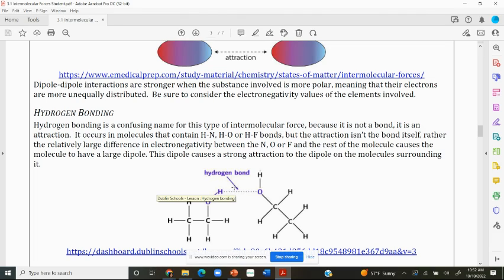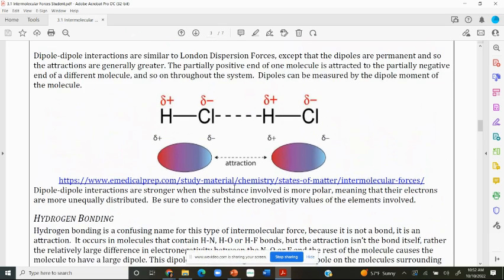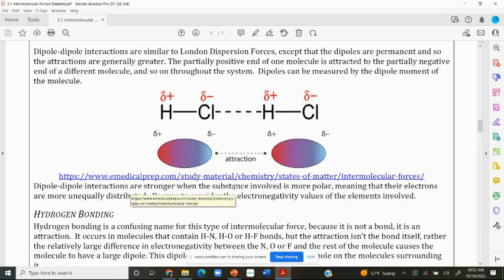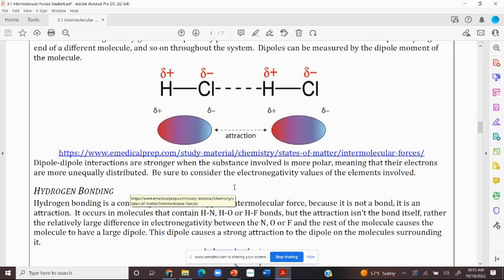I don't know if that's accepted or not, so I wouldn't take the chance. If it's polar, it's always going to have dipole. Can it have dipole and be nonpolar? No, because it's only when you have a positive and negative end, a positive and negative pole. Dipole.